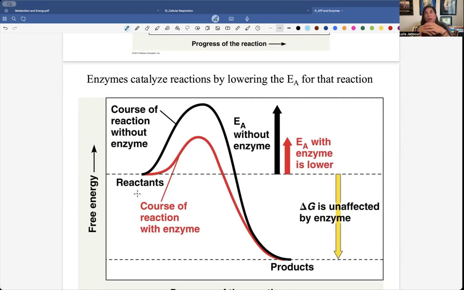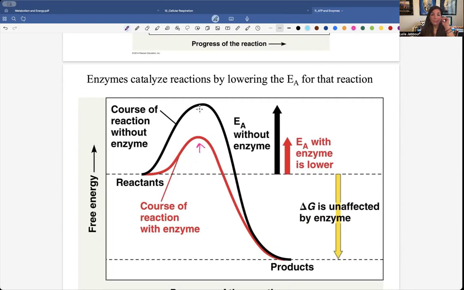So instead of needing so much energy to activate the chemical reaction, the energy needed is so much lower. It becomes lower with the enzyme, that with just a little bit of energy and poof, the reaction will take place. So this is what happens in the course of a reaction when there is an enzyme.